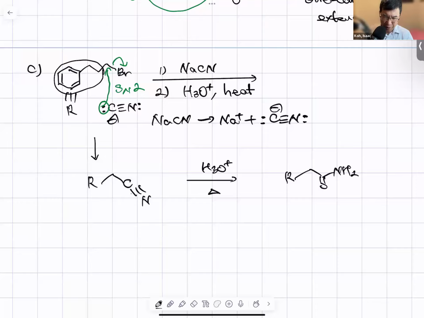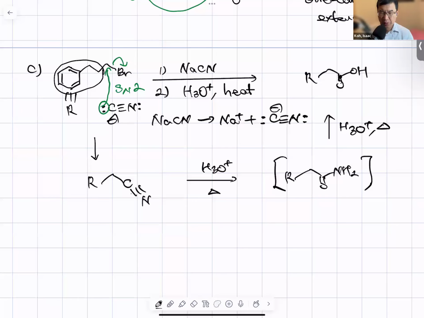Once you heat it up, amide intermediate, and continue to heat it for an elongated time, then it will turn into a carboxylic acid. So this is one carbon extension.